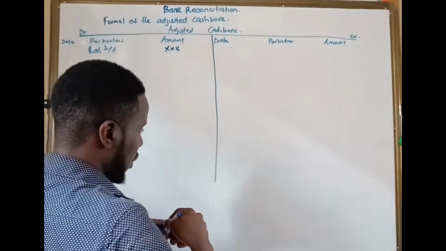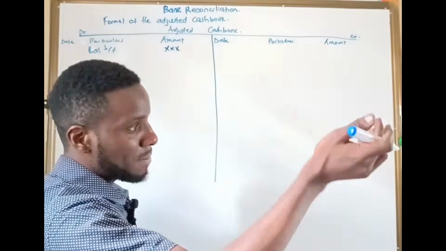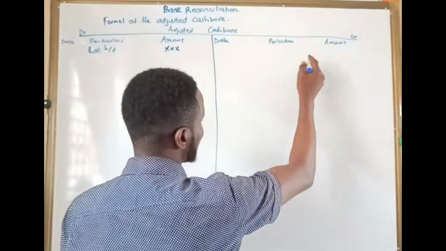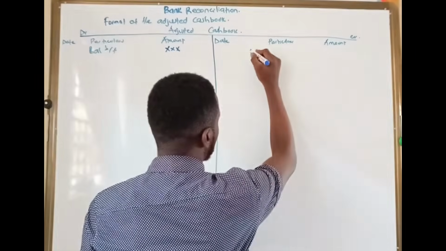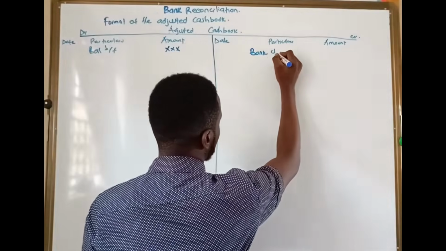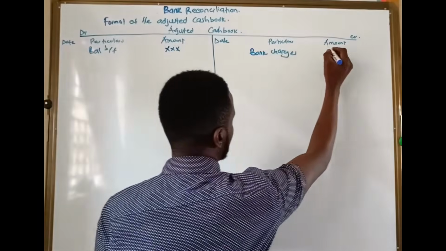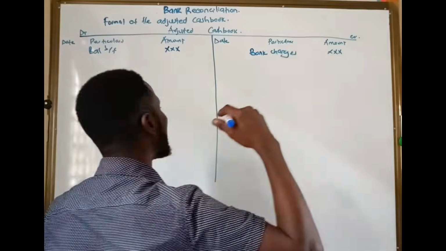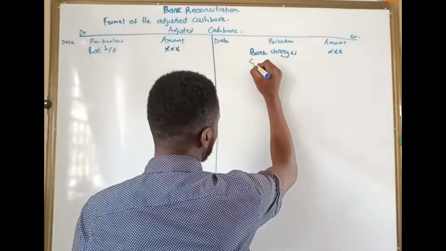Now, we have things like bank charges. Those are expenses, so they're supposed to be credited. So we put them here. Standing orders as well are supposed to be here.